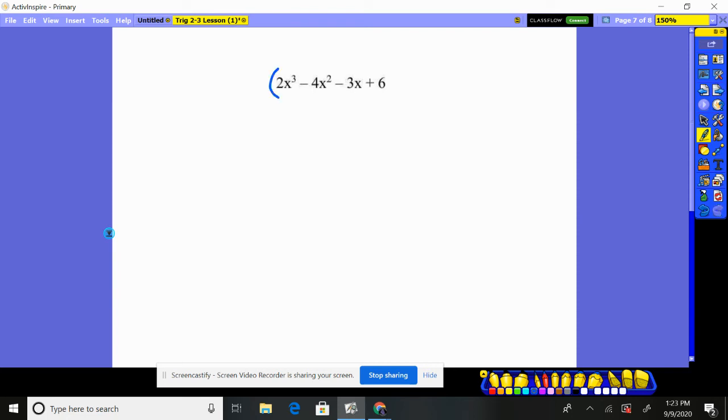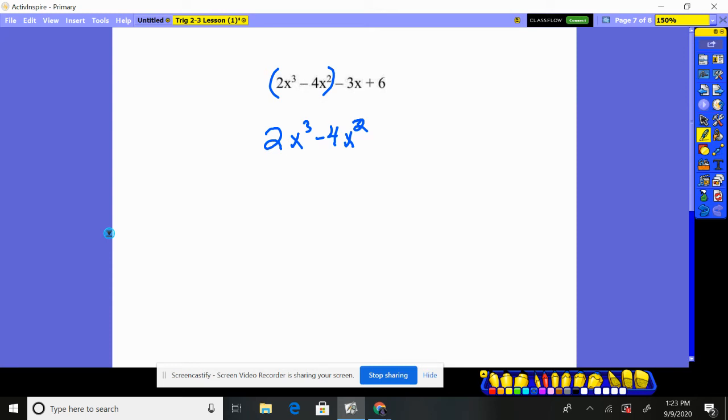We group. The problem here, when you have a subtraction sign right in the middle, if you try to group that, you just change the value because that's minus that entire quantity, 3x plus 6. You cannot do that. You've got to be very careful. This is going to need to be rewritten, squared, okay?